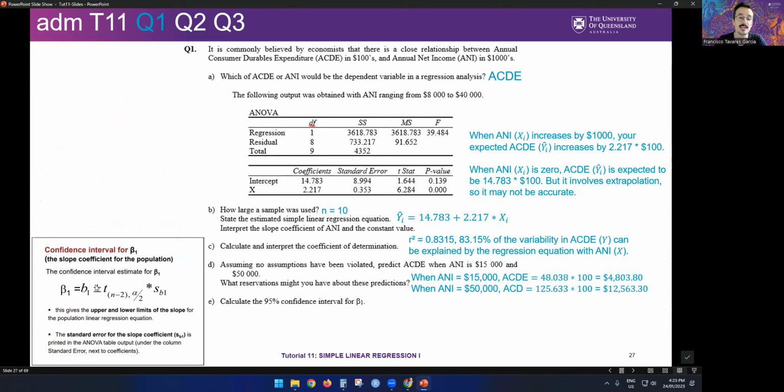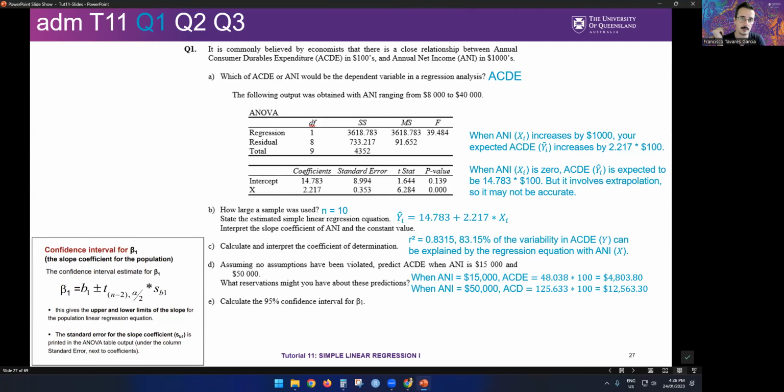And then we find a confidence interval for beta 1, which is the slope coefficient for our population. So once again, sample and population, we wouldn't know a specific amount for beta 1 unless you do a census. So what we do, we use the B1 and create a confidence interval. Okay, that's one of the differences.